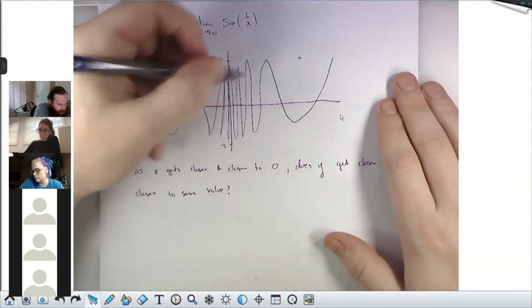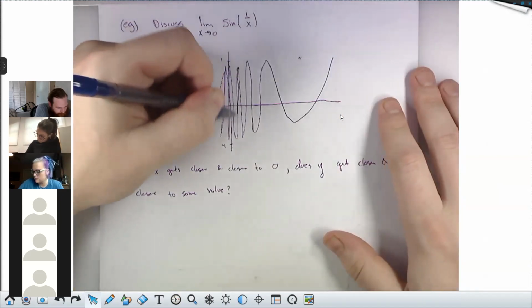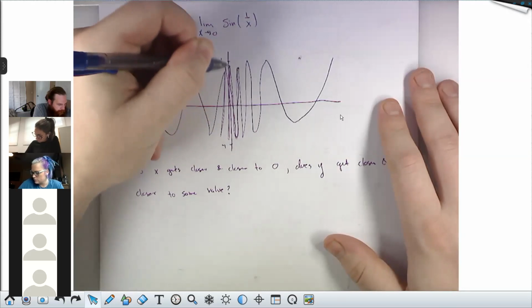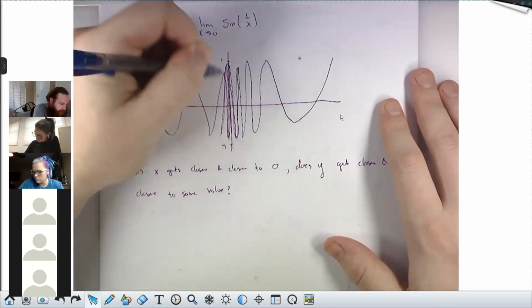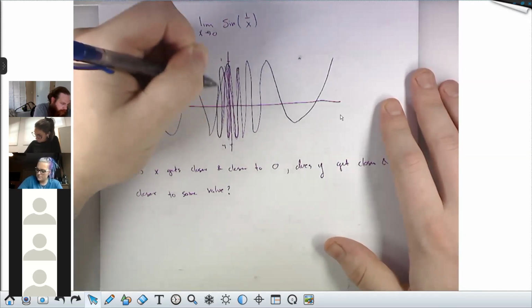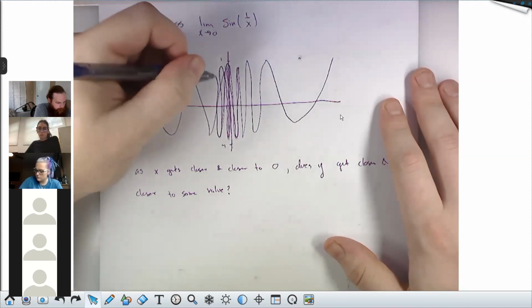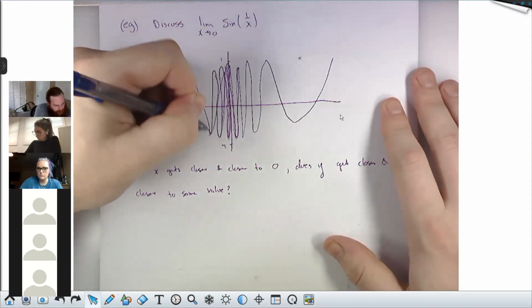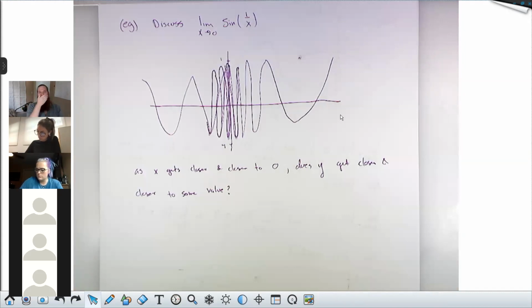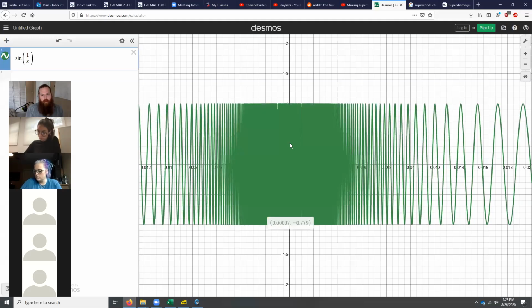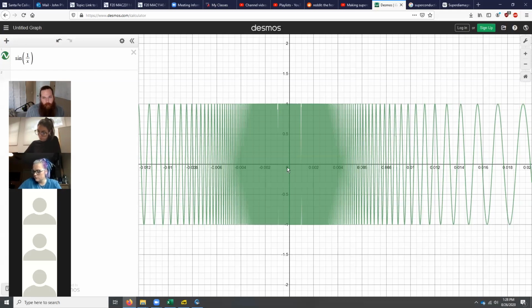And again, I'm sorry for this terrible art. I'll do my best to correct it a little bit. So like this. The answer is no, because suppose you could pick some y value in here that you would want to call that limit, maybe 0 or maybe 1.